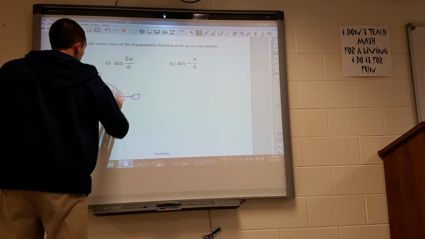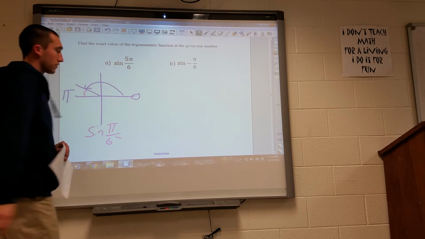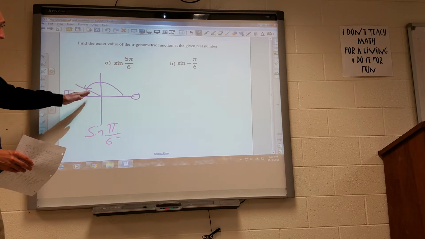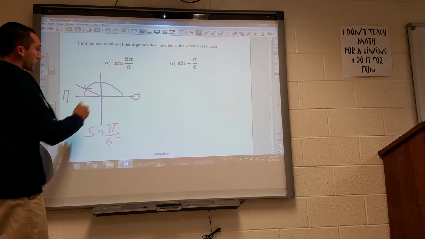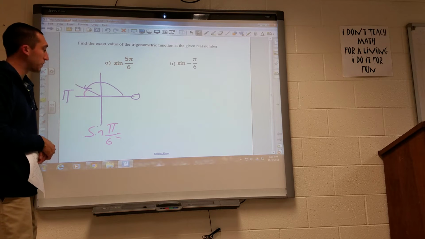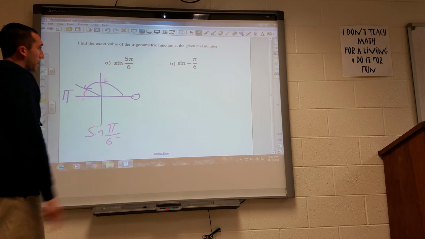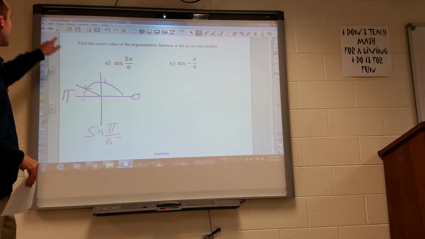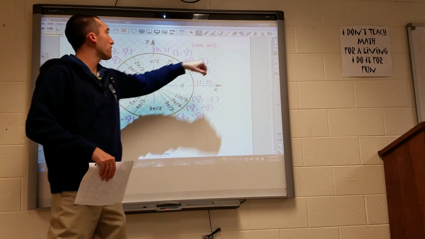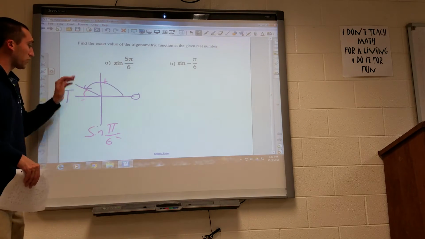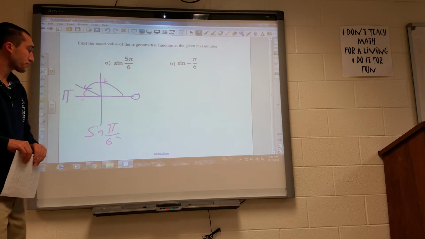So we're really finding the sine of pi over 6, but we're in the second quadrant. In the second quadrant, my x is going to be negative and my y is going to be positive. If you look at your unit circle, the sine is my y value, so since we're in the second quadrant, my sine is going to be positive, because the y is positive.